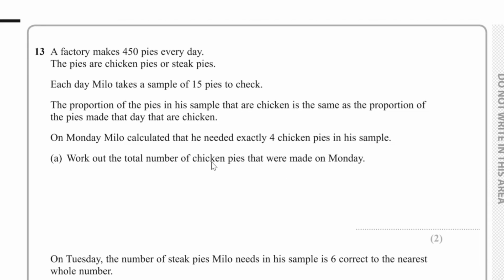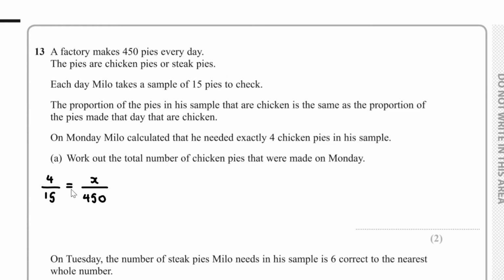What we need to notice in this question is that the proportion of pies in a sample is the same as the proportion of pies that are made. So he selects 4 chicken pies out of a sample of 15. So we've got 4 over 15, and this is the same as x, which is the number of chicken pies that were made on Monday, over the total which were made on Monday, which is 450.